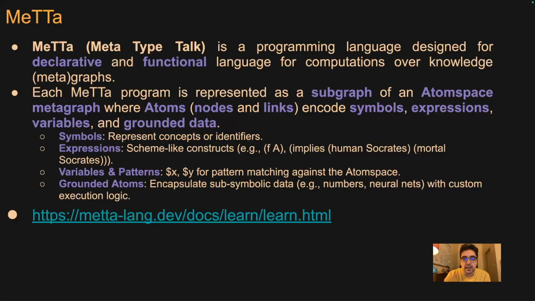For example, F and A are coupled here, or Socrates is human implies Socrates is mortal. Variables are denoted by the $ sign and are used for pattern matching in Atomspace, and grounded atoms are used to encapsulate data like numbers and neural networks, with custom execution logic.